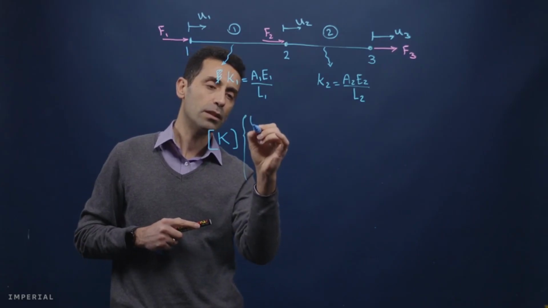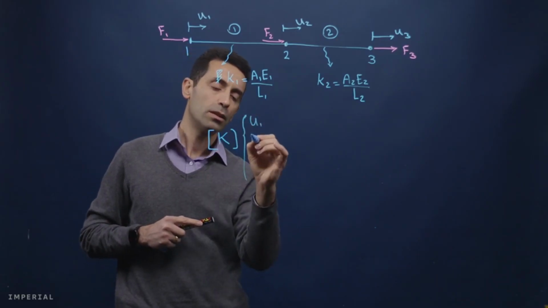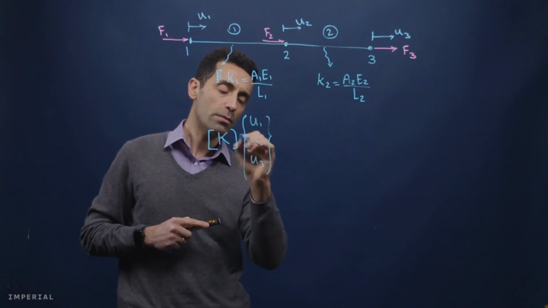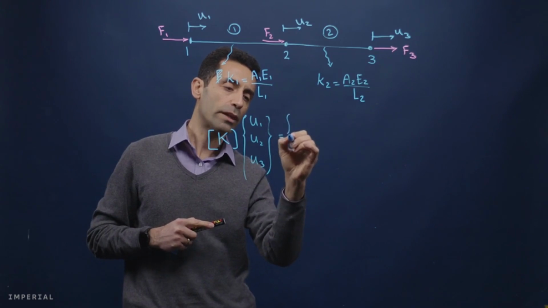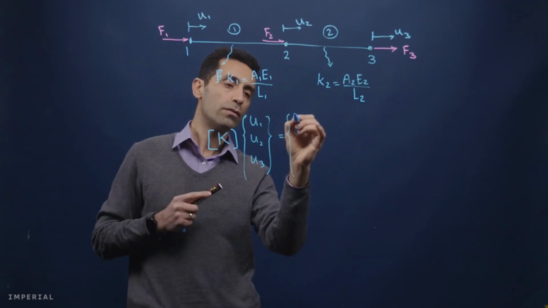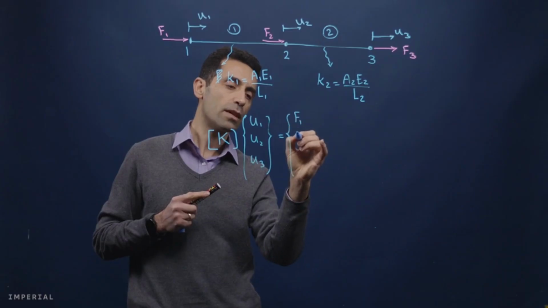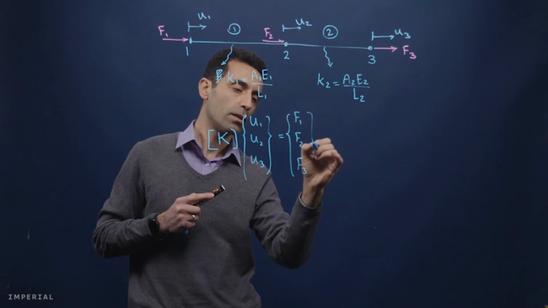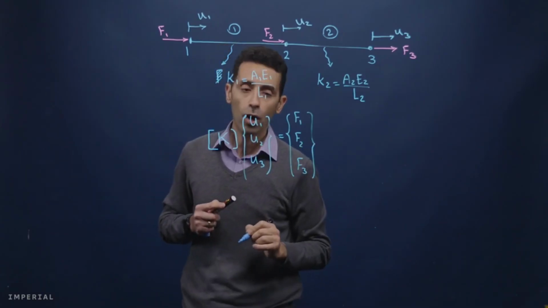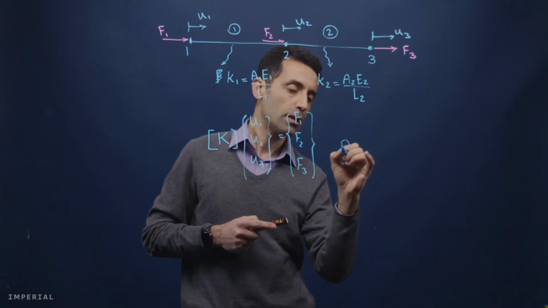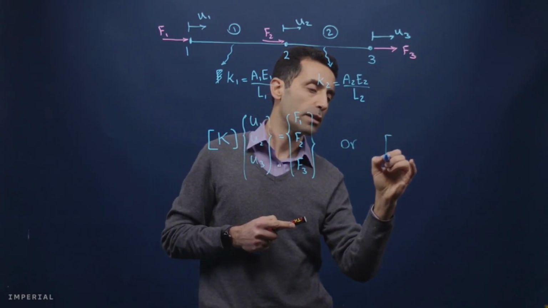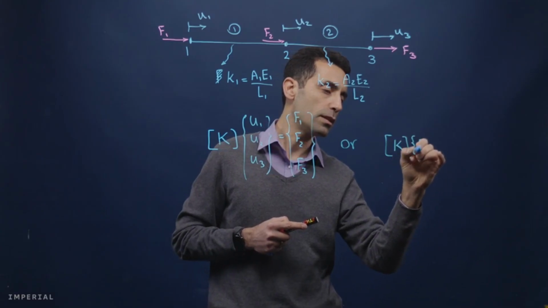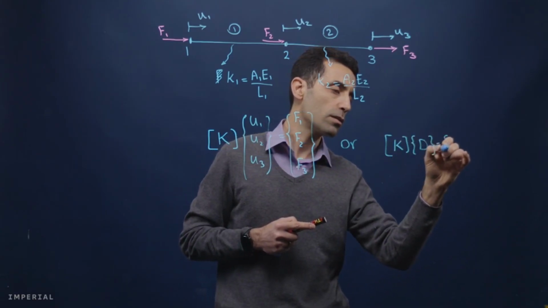So that would be U1, U2, and U3. So K times displacement equals vector of nodal forces. Again, I should emphasize these are external forces. All right. Or we can write it even simpler, like K times D equals R.